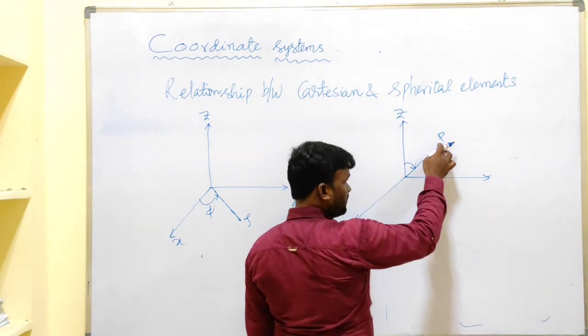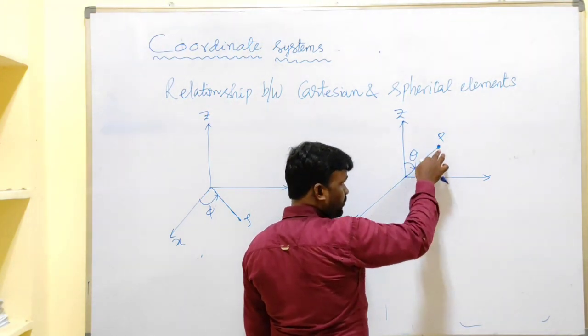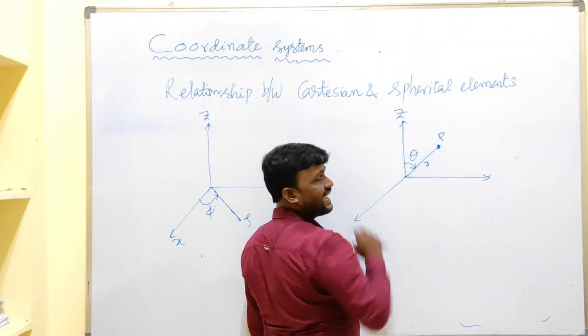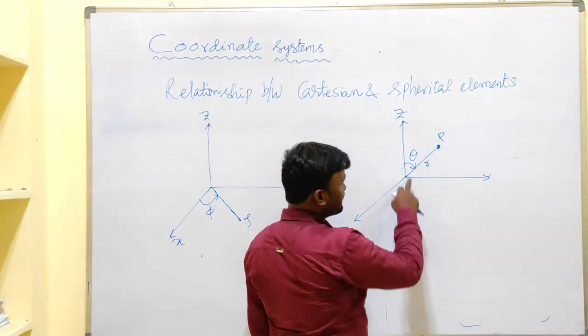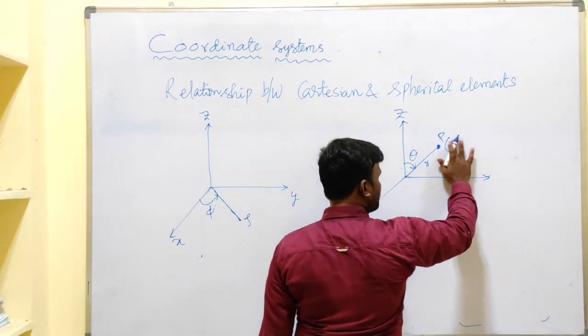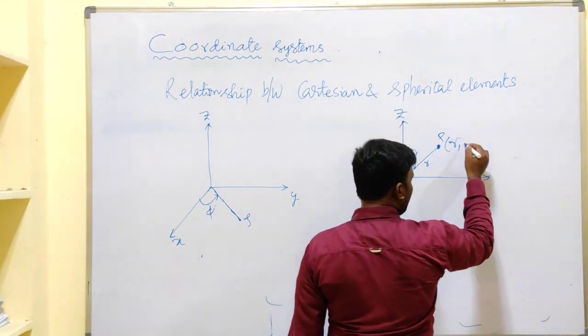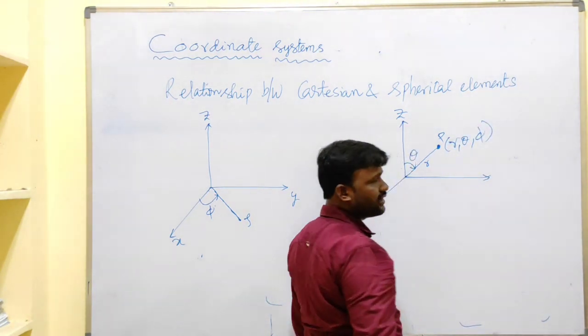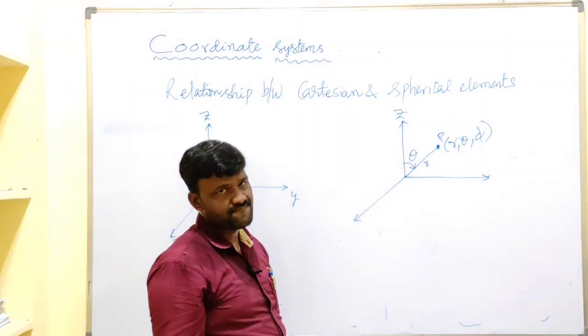The position vector is making an angle theta with the z axis. Theta is the angle between the position vector of this point P, where P is represented as r, theta, phi in the spherical coordinate system.